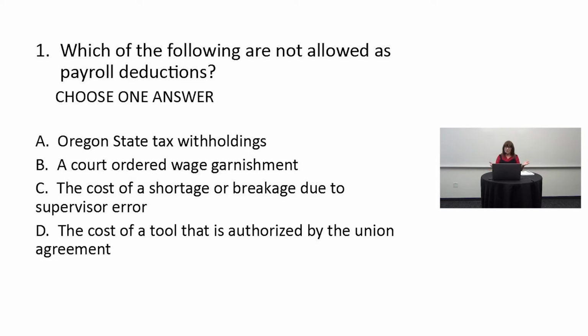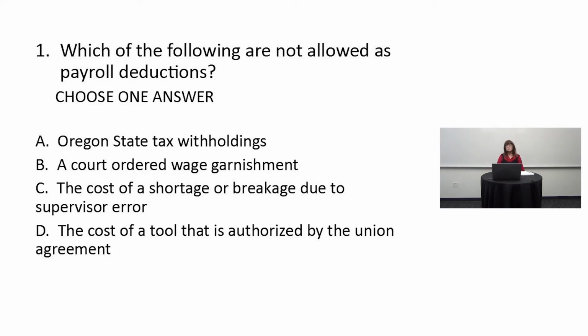Okay, let's get the right answer. Which of the following are not allowed as payroll deductions? Answer we're looking for here is C, the cost of a shortage or breakage due to supervisor error. I always give the example of, say I'm a waitress and I'm carrying a tray and my boss comes out, knocks the tray out of my hands and breaks all the glasses.